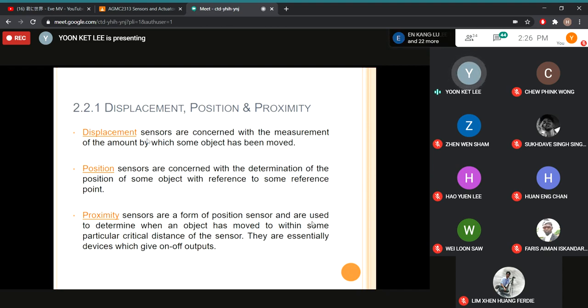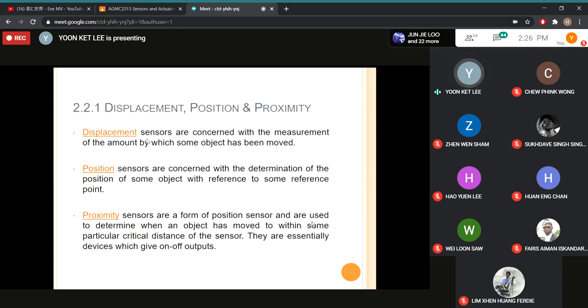The second one is position. Position sensors are concerned with the determination of the position of some object with reference to some reference point. For example, you start at 0 degree, and then you turn 90 degree. From here to here is your position.